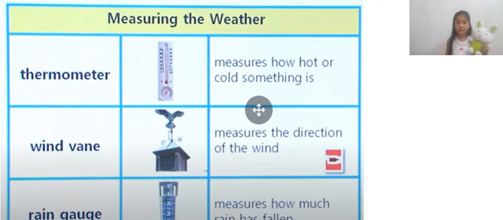This word means to use a special kind of tool to measure the speed, the size, or the amount of something. An example for this measuring word is an apple.